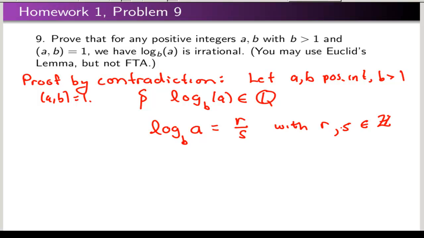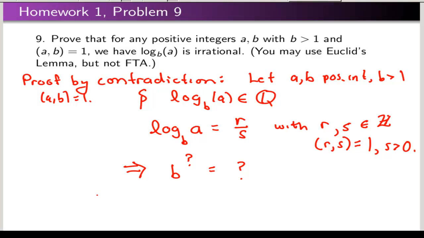And what can we say about those integers? Well, every fraction can be written in reduced form. So we may assume that R and S are relatively prime, and that S is positive. Okay, well, now all we have to do is remember what the definition of logarithm is. So take the logarithmic form and say, well, what does that mean? That means the base to something equals something.